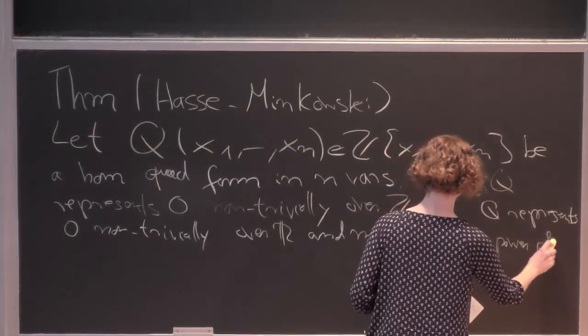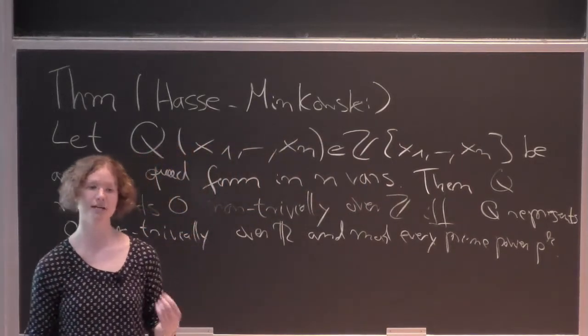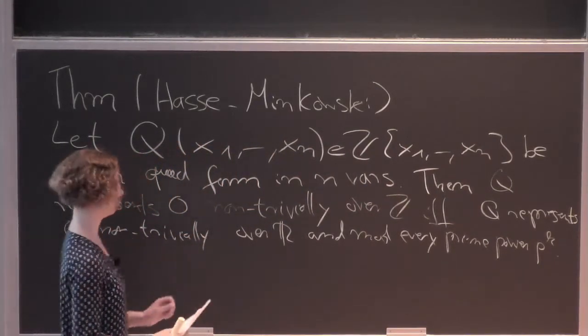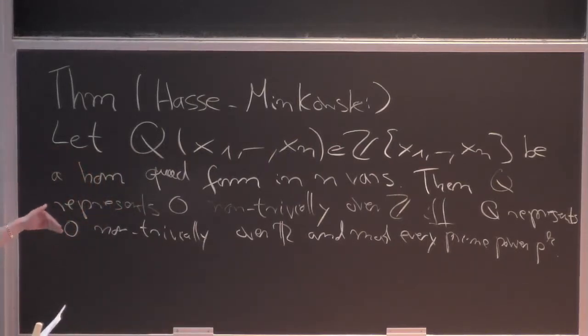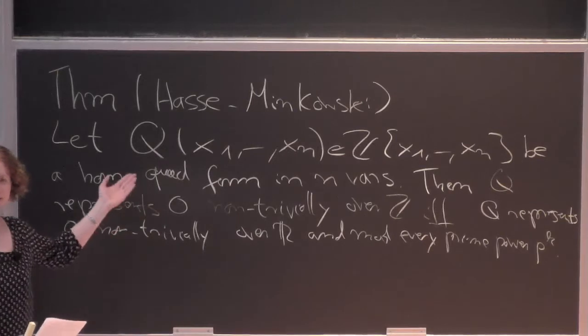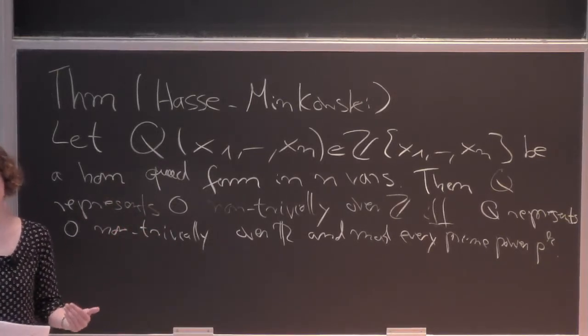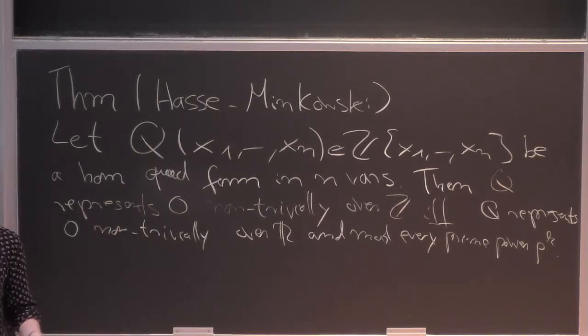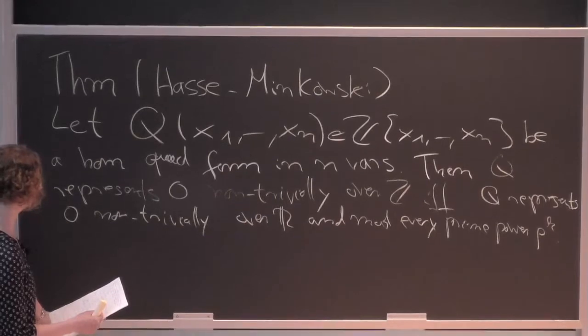This last condition could also be restated as saying you have a non-trivial solution in the p-adic integers Z_p. That's the same thing. I formulated it in this way for integer solutions. Since Q is homogeneous, it has a non-trivial integer solution if and only if it has a non-trivial rational solution. It doesn't matter if you talk about rational or integer solutions.